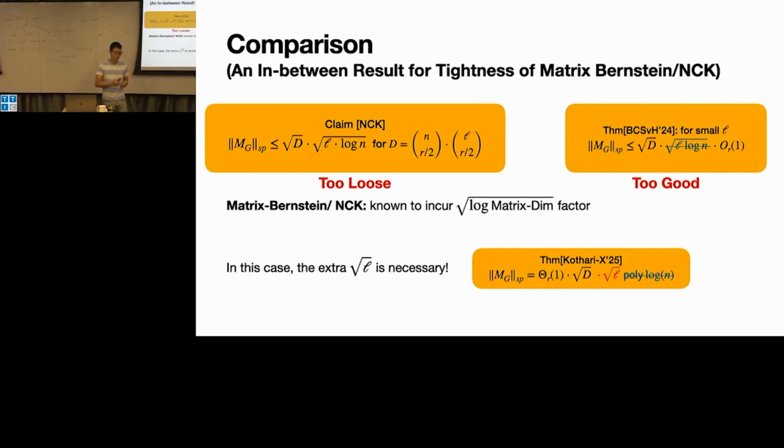But we suspect it can be lossy in other settings, and then the upper result can't apply. Does that mean the bound is not true for larger L? That means the bound is not true for larger L for this matrix. They are inherently bounded by the small L setting.